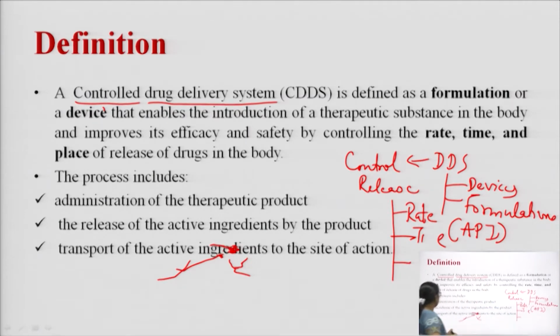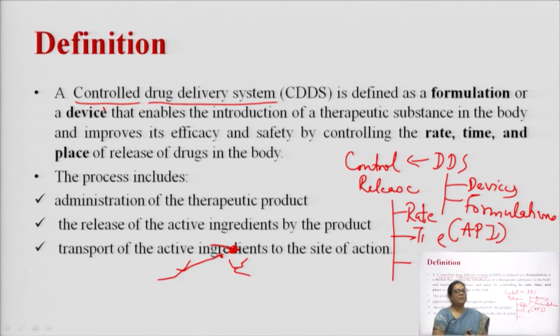The performance of these systems depends upon three parameters, or the process includes three steps. Firstly, the administration of the drug product, of the therapeutic drug product, that is the device is introduced into the body or the formulation is administered to the person.